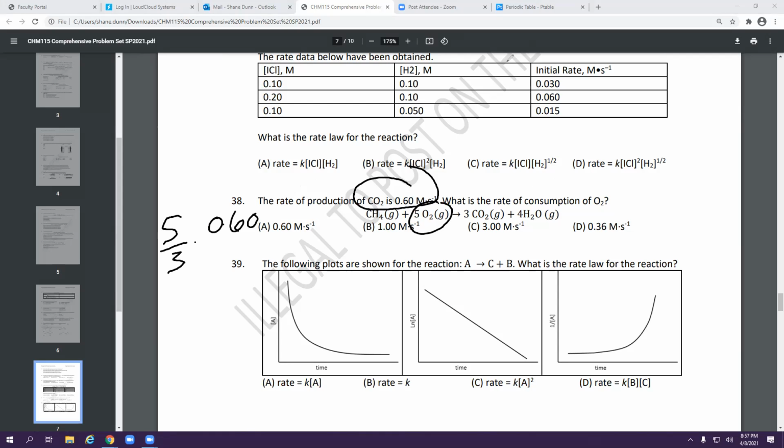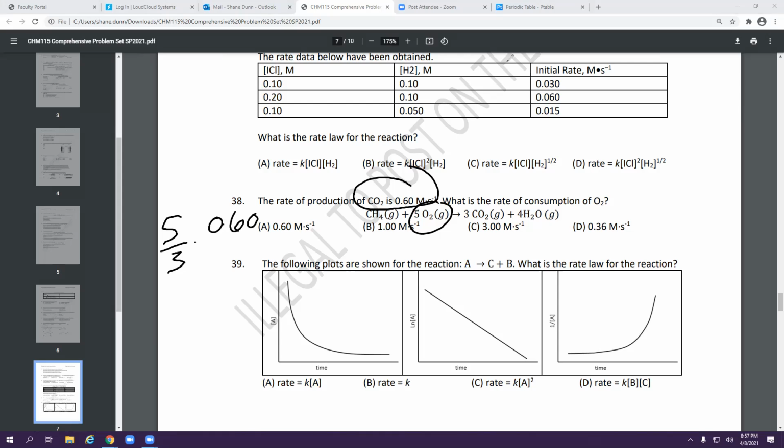The reason being, for every 5 oxygens I'm consuming, I make 3 of these guys, right? That's why you do that ratio.